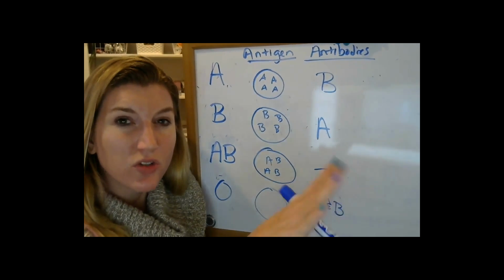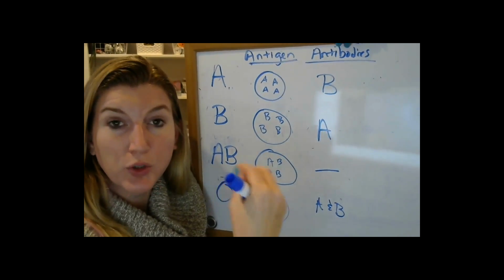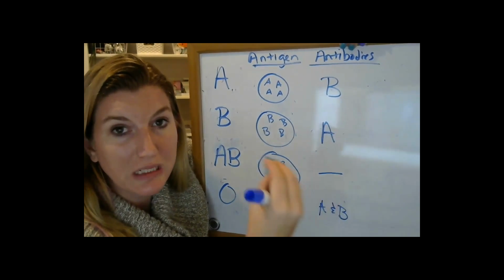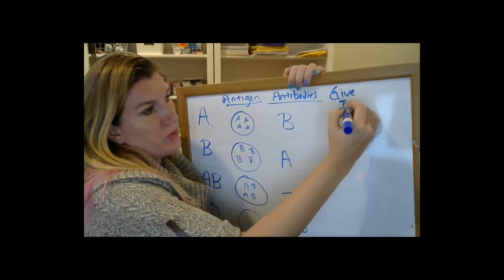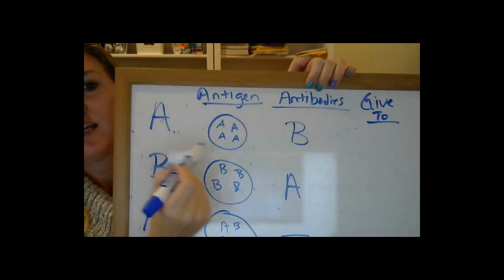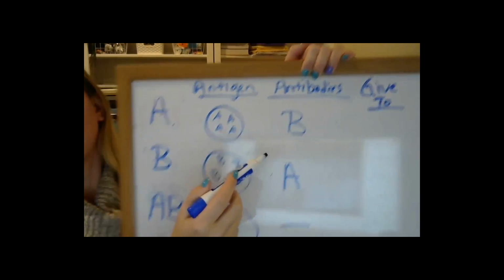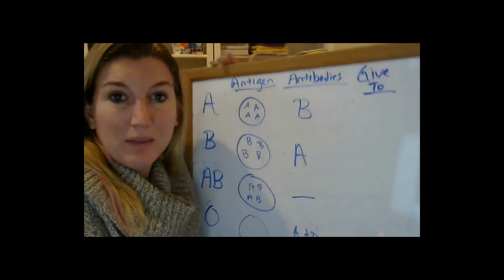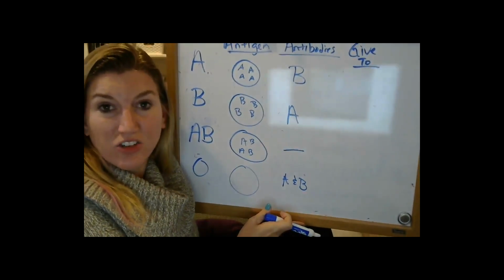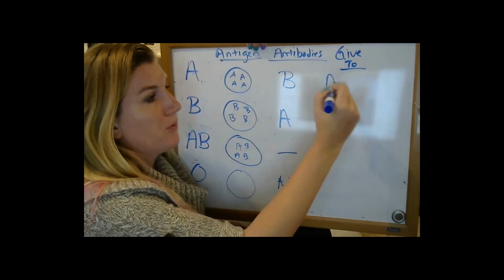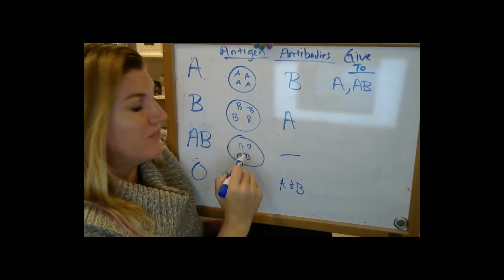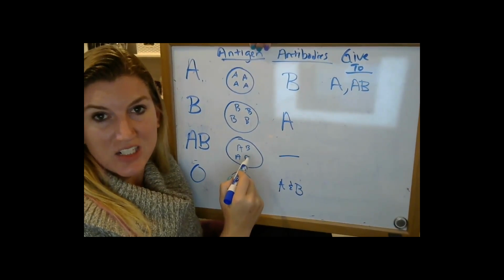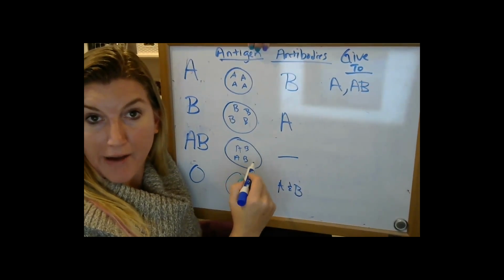All right, so now it gets tricky when we talk about who you can give blood to and who you can get blood from. Give to: people who are blood type A and produce B antibodies can only give to other people that have the A antigen. So they can give to people who have A blood or AB blood. They're not giving anything to this person that they don't already have.